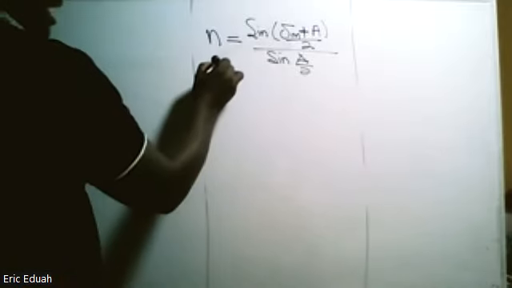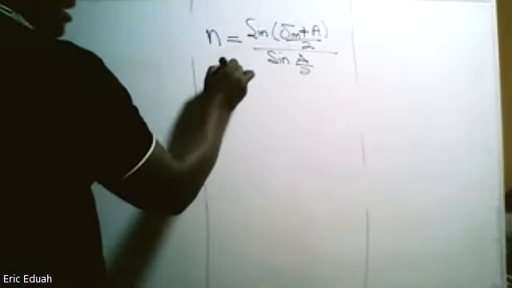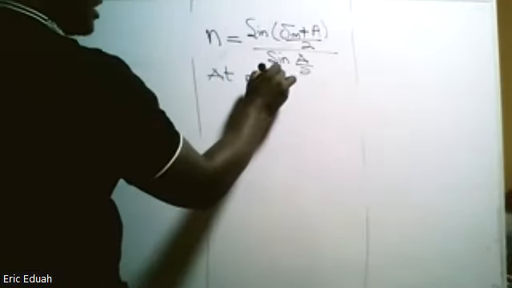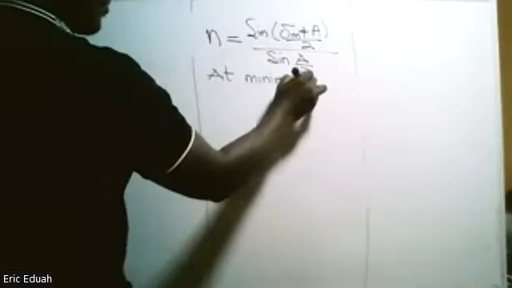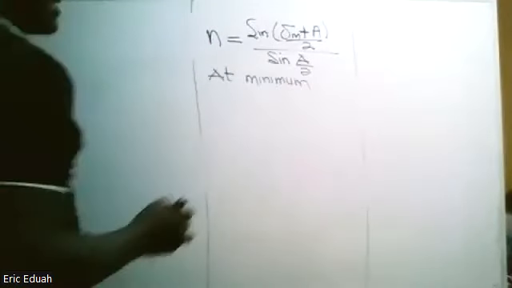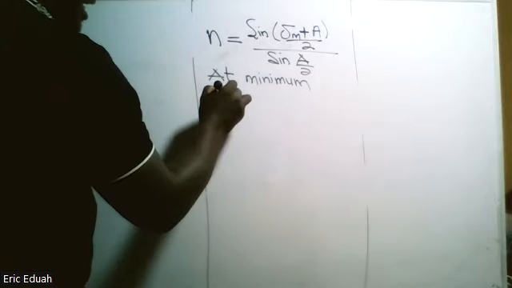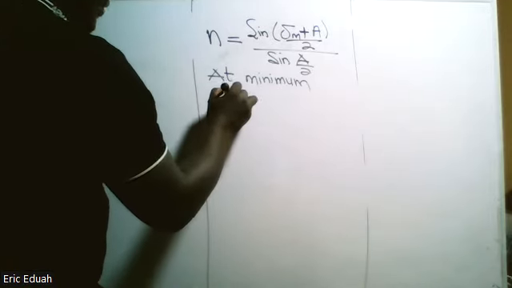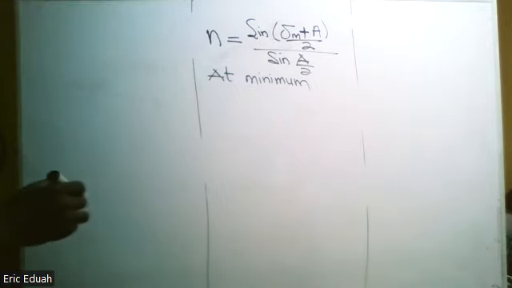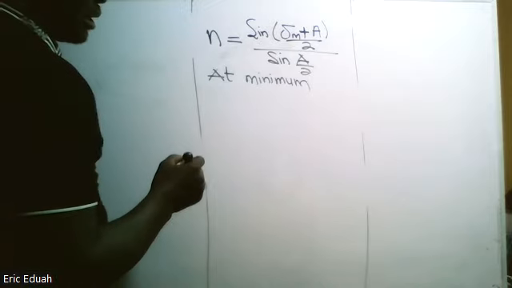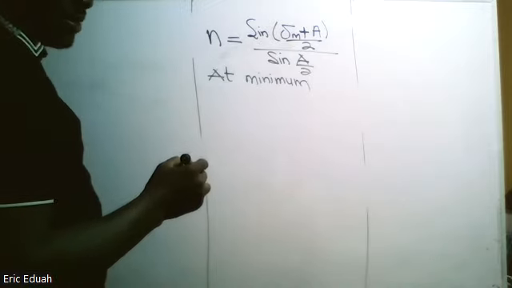And we saw that the condition that pertains at minimum deviation is that the ray passes through the triangular prism symmetrically, and the refracted ray is parallel to the base.